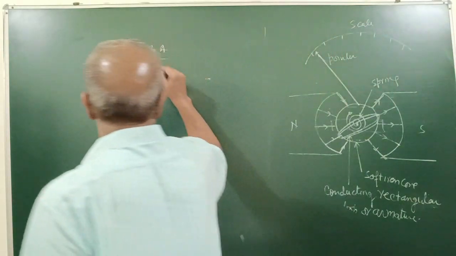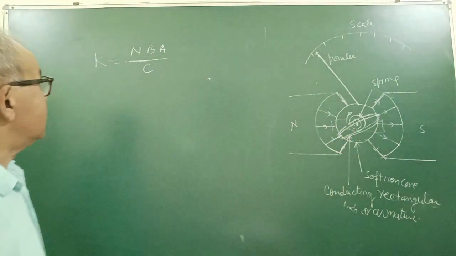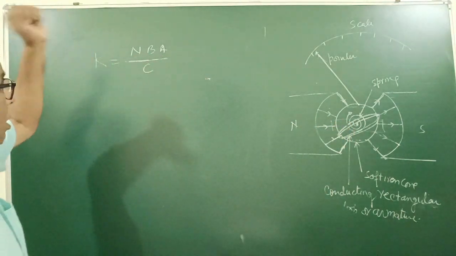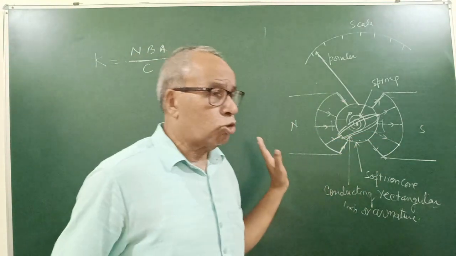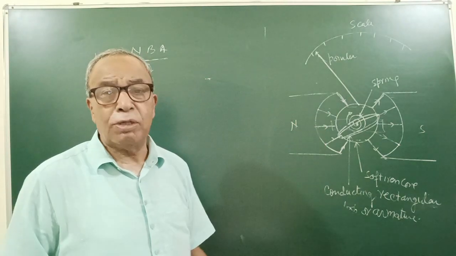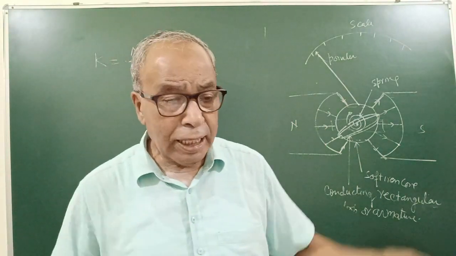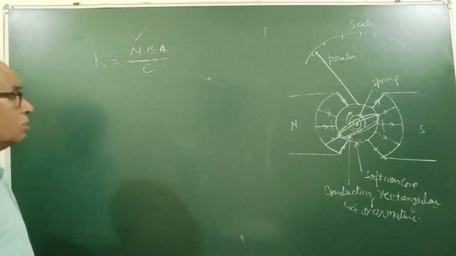Therefore we use a very light spring here, not a very strong one. Generally the magnetic field of the magnet remains fixed. Area has a limitation because of size. We can't go beyond a certain area. So generally we increase sensitivity by increasing the number of turns.